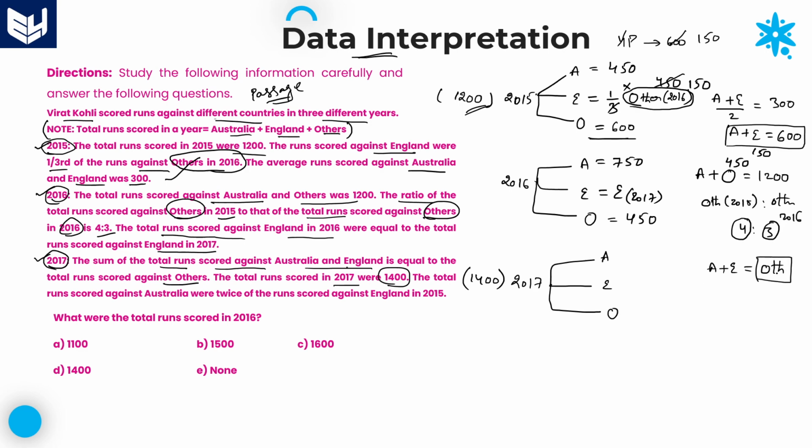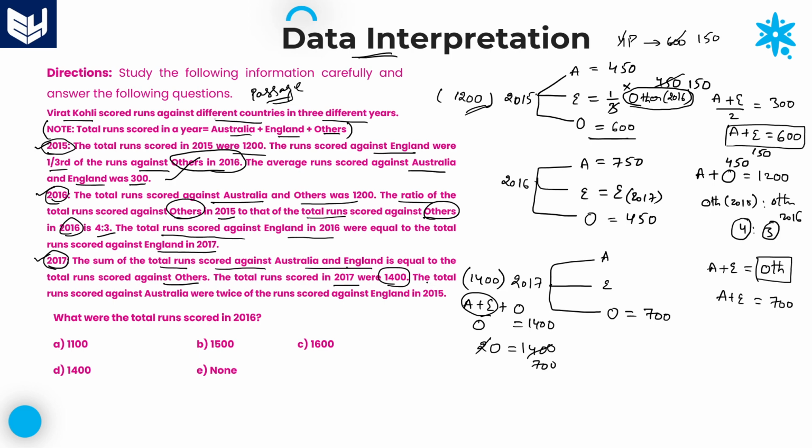Why? Because in 2017, a plus a plus e plus o, this entire value is equal to 1400, right? Now a plus e is equal to others, so others plus others, that is 2 others, is equal to 1400. Now from this, you just cancel with 2, so 700. The number of runs scored against others is 700. So automatically a plus e, the sum of these two, Australia plus England, is equal to 700.